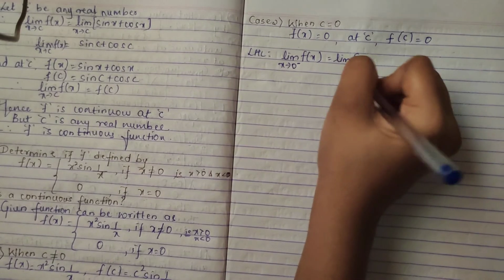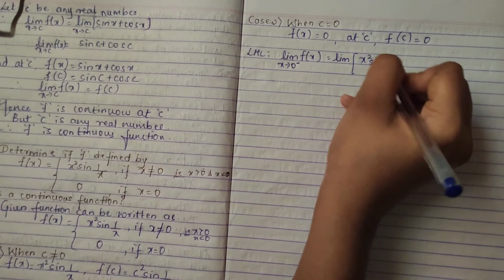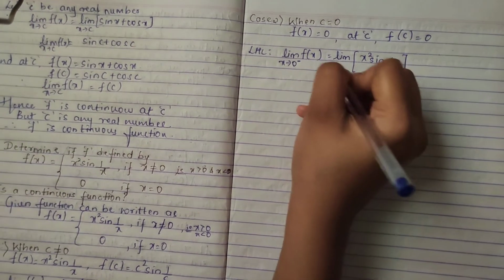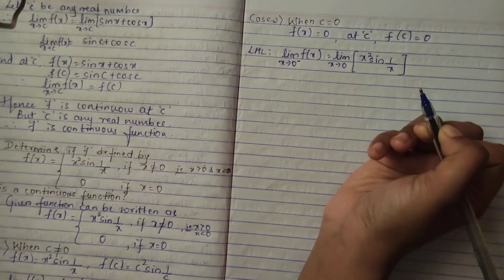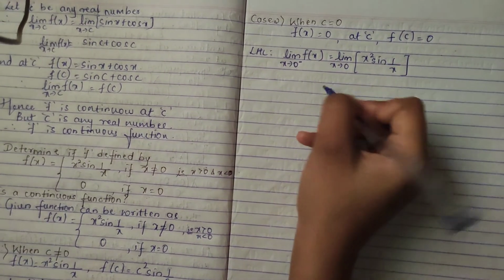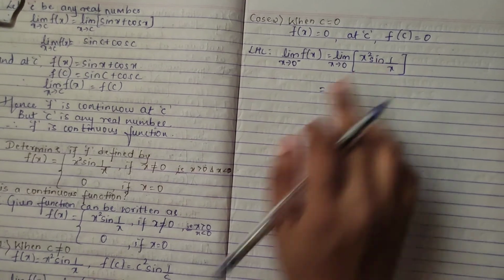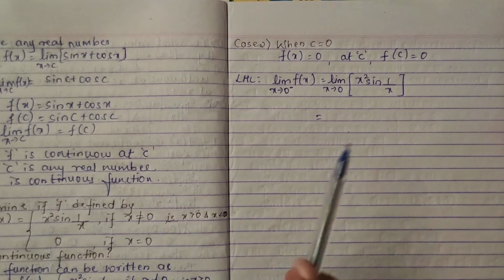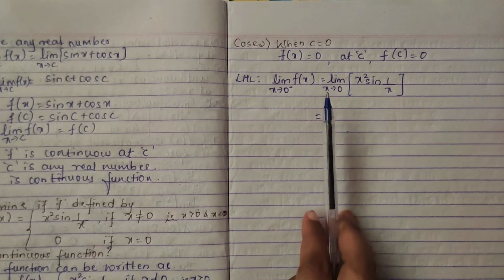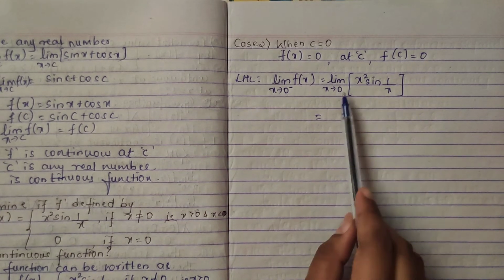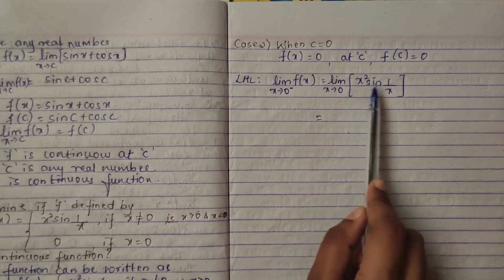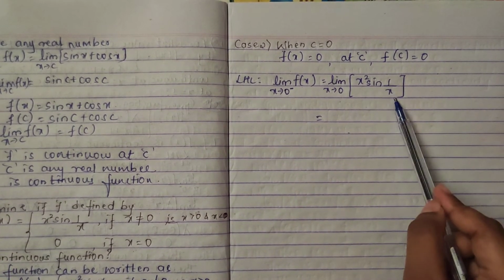Limit f of x will be x square sine 1 by x as x tends to 0. Yes, here you can see. Now, when you apply our limit, that is substituting our x value 0, this is 0, sine of 1 by 0. See, 1 by 0 means what?